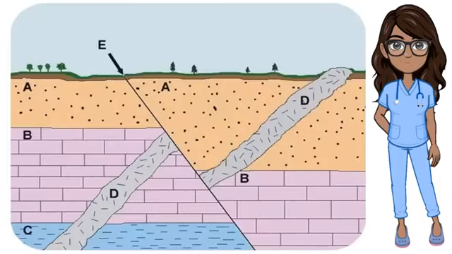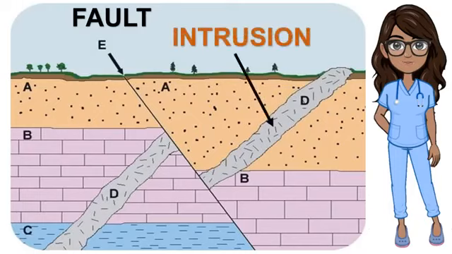The principle of cross-cutting relationships states that a fault or intrusion is younger than the rocks that it cuts through. The fault cuts through all three sedimentary rock layers, A, B, and C in this figure, and also the intrusion, D. So, the fault must be the youngest feature.